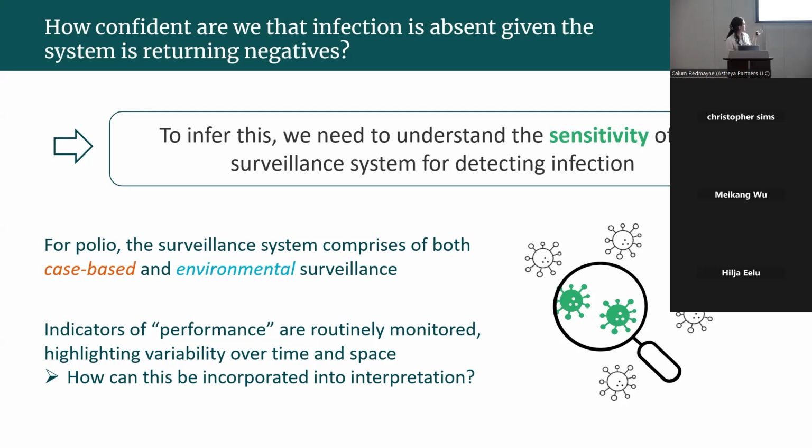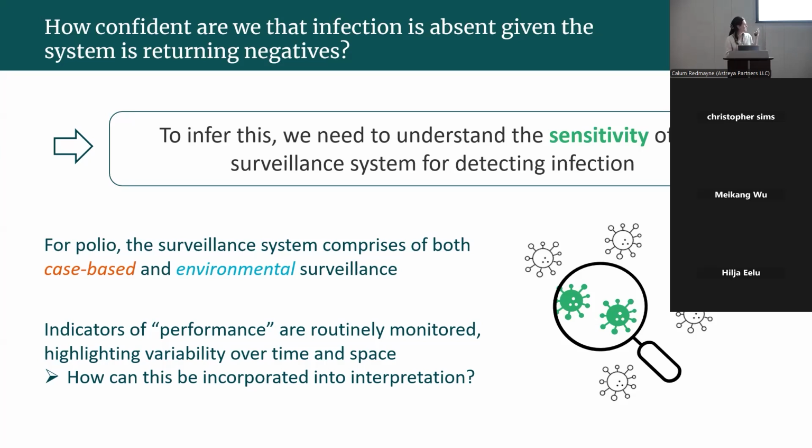And indicators of the performance of these two surveillance components are routinely collected and monitored, which indicates heterogeneity in performance, as I said, over space and over time. But this monitoring of performance is interpreted in parallel to the resulting positive or negative observations, rather than directly integrated into their interpretation.